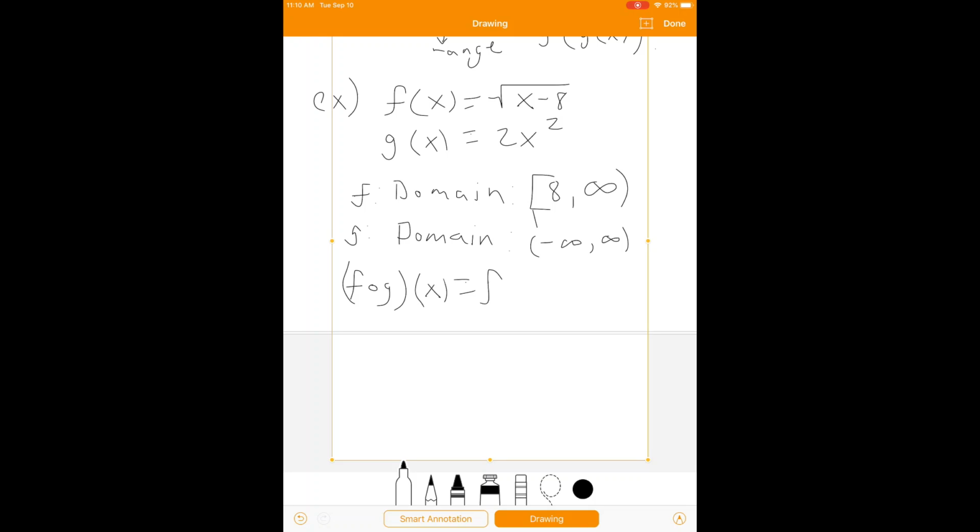In other words, we are taking function f and we are inserting the range from function g. Well, if we're talking about the range of g, and this is a parabola, then we need to start thinking about what that function would look like in terms of graphing.